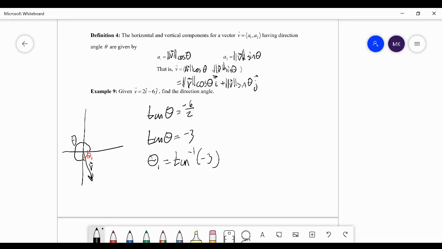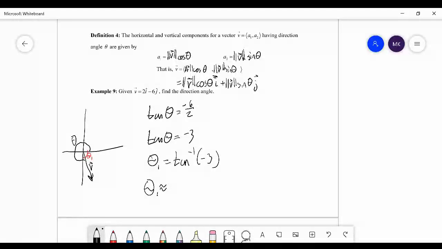When we use our calculator, you need to identify whether you want to be in degrees or radians. We get that theta 1 is approximately, so this is a really important thing to make sure your calculator is in the right mode. I can't emphasize that enough.